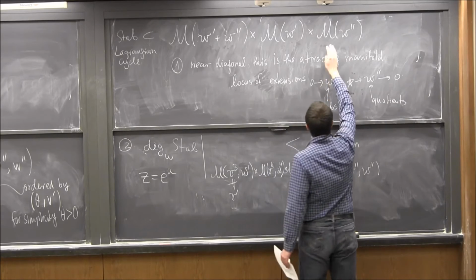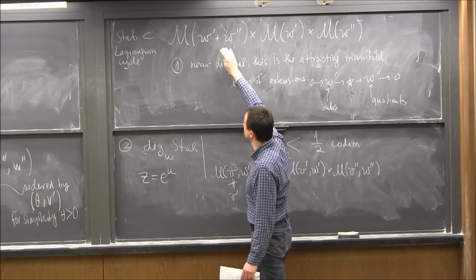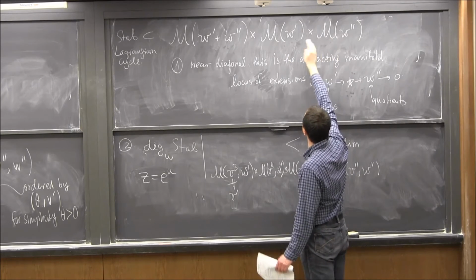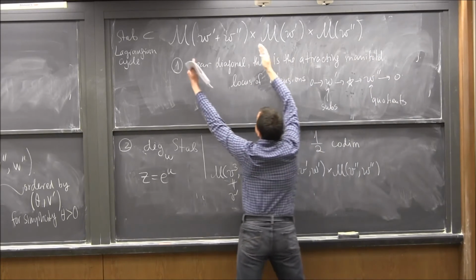So this gives us a map, applying this cycle as a map from the cohomology of this side to the cohomology of this side.